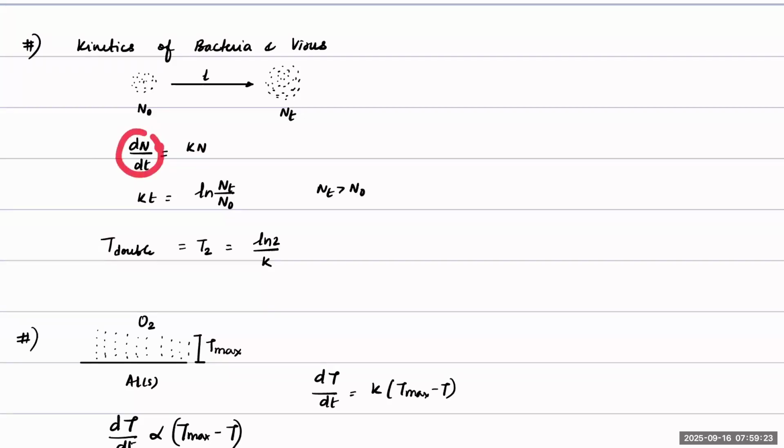If I integrate this, I can get kt is equal to ln nt by n naught, so nt is greater than n naught. Just like t half, now we call it t double. T double is t2, so t2 will be written as ln 2 by k.